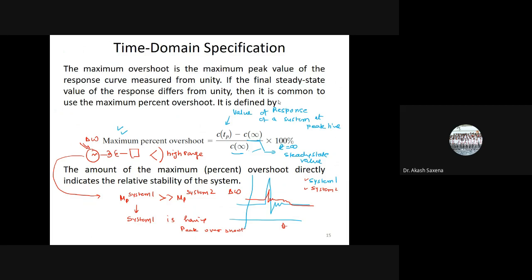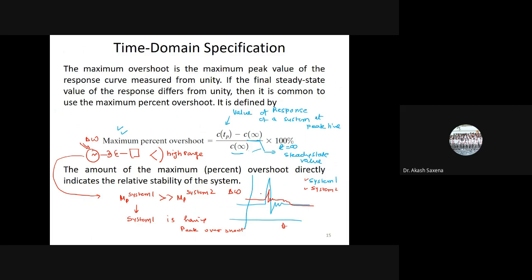If the final steady value of the response differs from unity, then it is common to use the maximum percent overshoot. It is defined as the value of the response at the peak time minus the value of the response at infinity, divided by the value of the response at infinity, times 100. The amount of the maximum percent overshoot directly indicates the relative stability of the system.